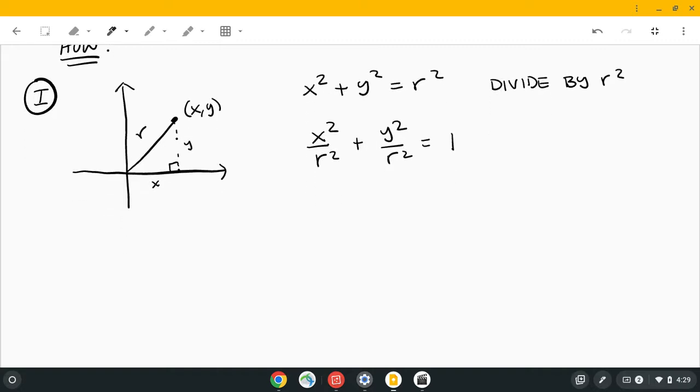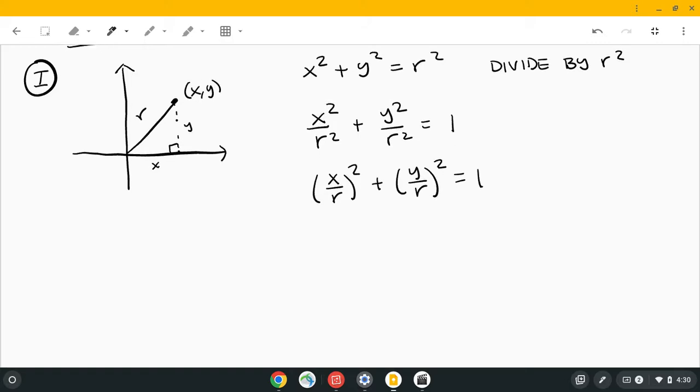And then another way to look at this is x over r squared and y over r squared. And here we know that sine theta is y over r, and cosine theta is x over r.